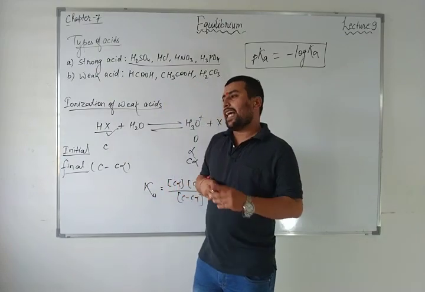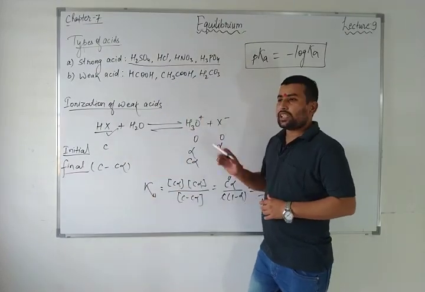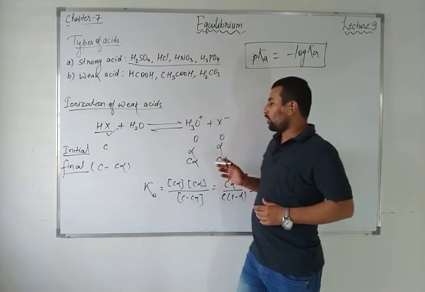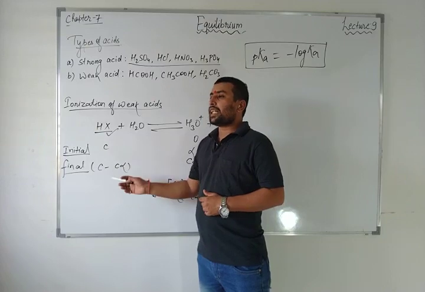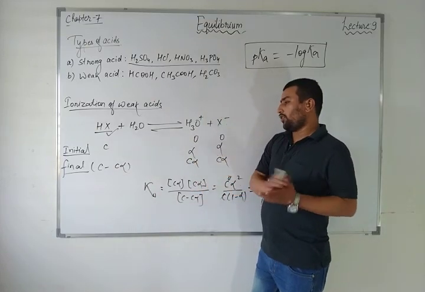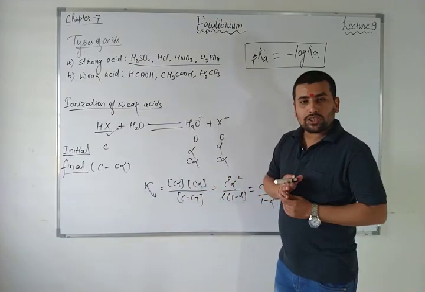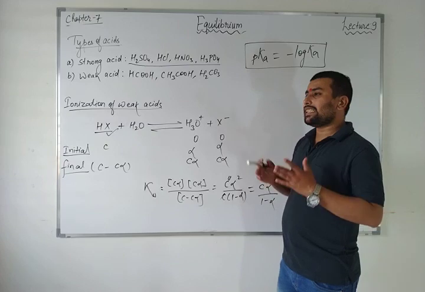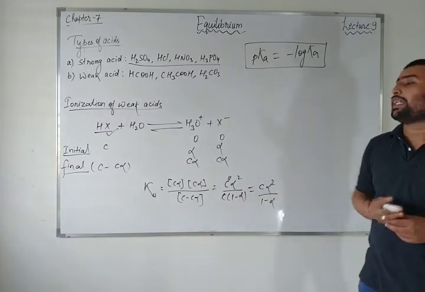As you get knowledge of the initial concentration, the product will be 0, and at the final concentration, the reactant value will be initial concentration minus product value. So you will get the ionization constants of weak acids and strong acids, both easily calculated. You can get pH values also.